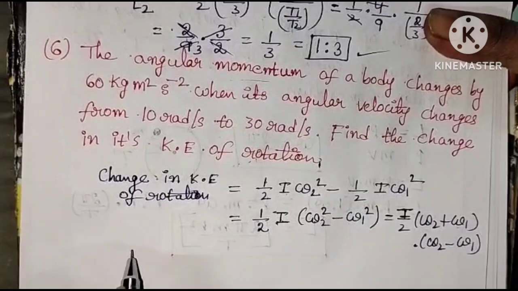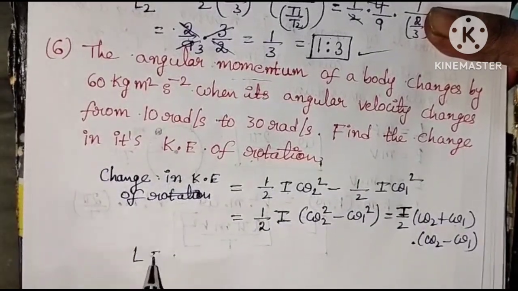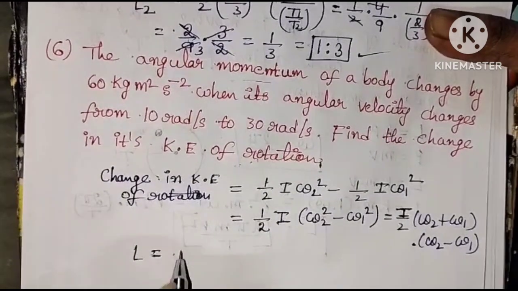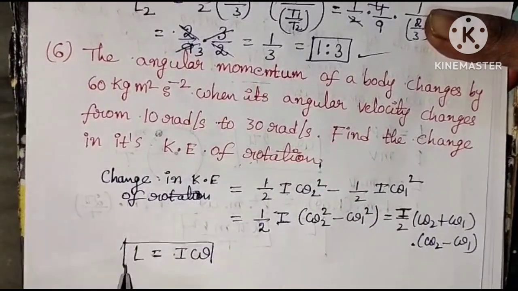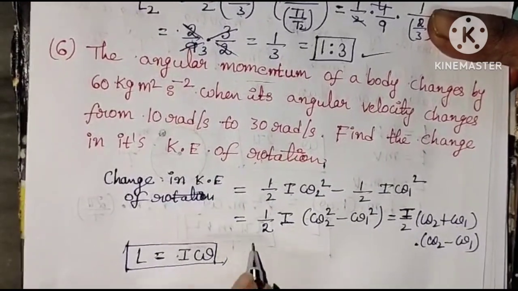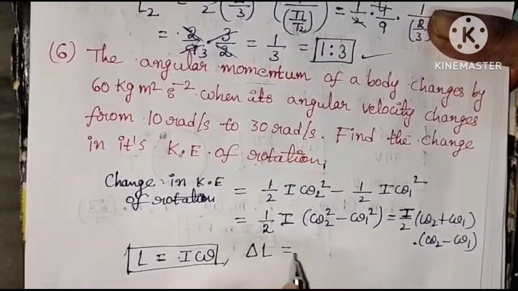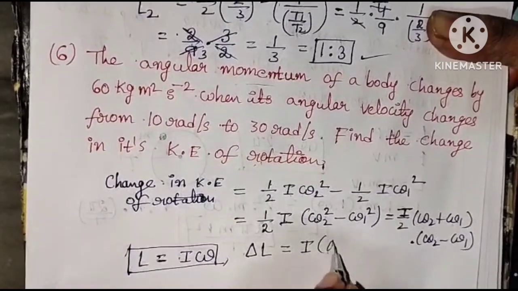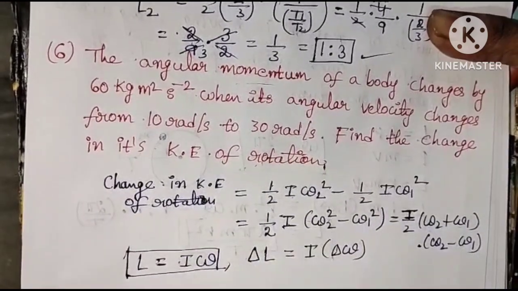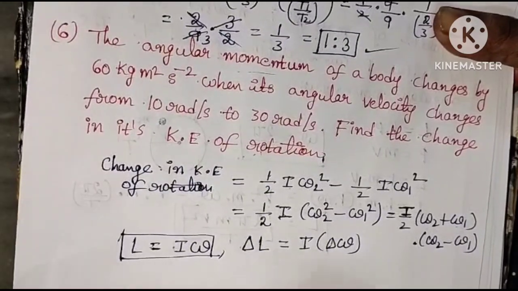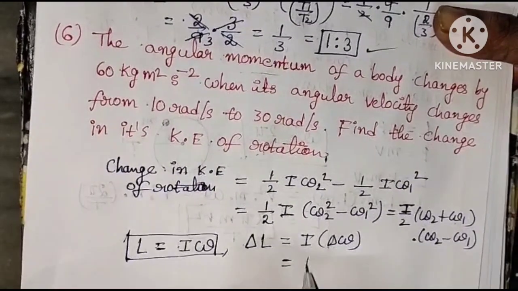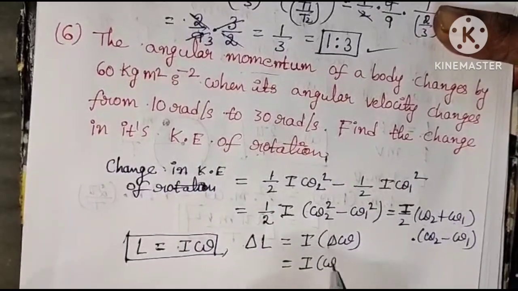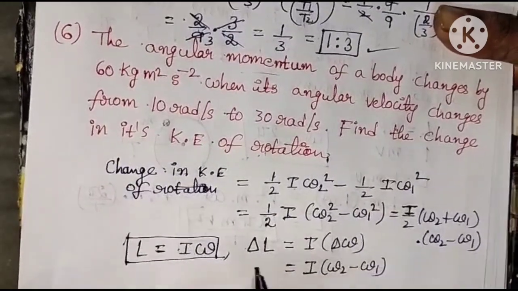Next, here we have a formula for angular momentum. L is equal to I omega. So for change in angular momentum, delta L is equal to I into delta omega. Here what is delta omega? Change in angular velocity, omega 2 minus omega 1.